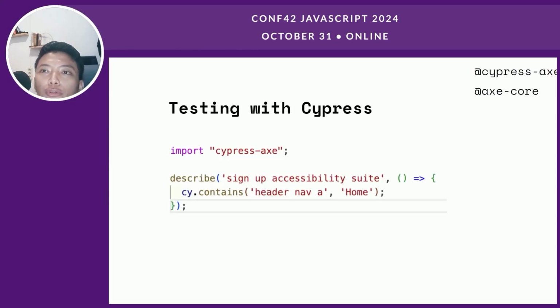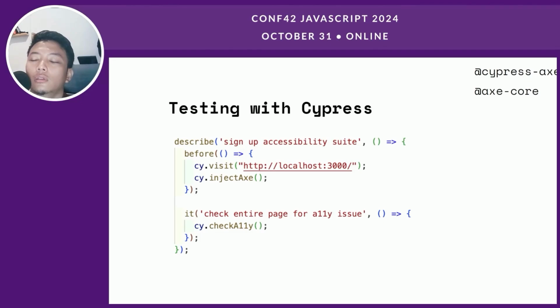The other thing we can use is testing with Cypress. This is cool. Actually, this combines axe-core and cypress-axe. This is so much better. I've already tested this, and it's quite good. You can describe and it, something like this.